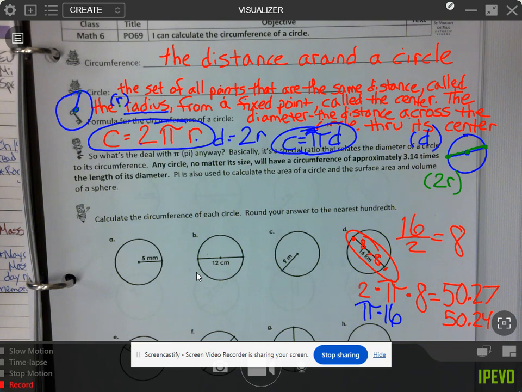Numbers will be slightly different, but if you use the pi button, you must round correctly to the hundredth place. If you do not round correctly, it will be wrong. You have to look at that thousandths place to know, am I going to round up or is it going to stay the same?